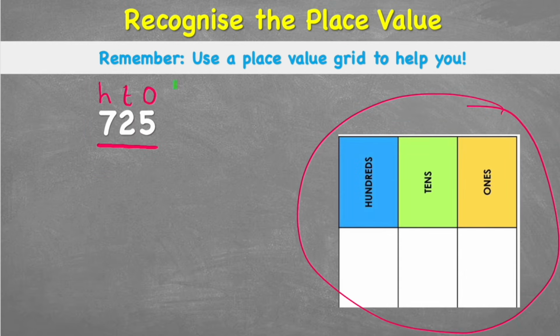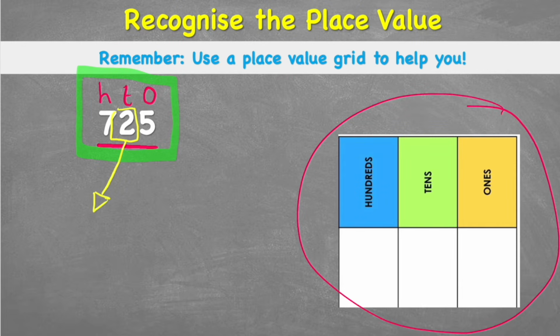And organizing your work and your numbers like this with the place value signs over the top is a really good habit to get into now, because when we start to look at addition and subtraction, we're going to put those place value titles on top so that we make sure we put numbers in the right columns. But for now, it's really important to understand that this 2, for example, is not a 2 because it's in the tens column.